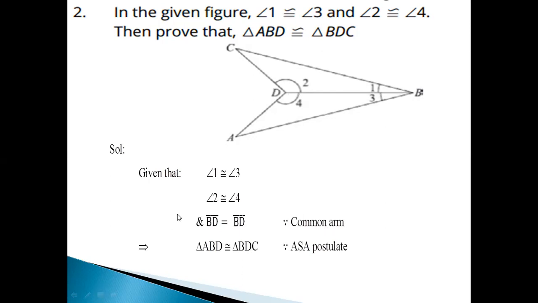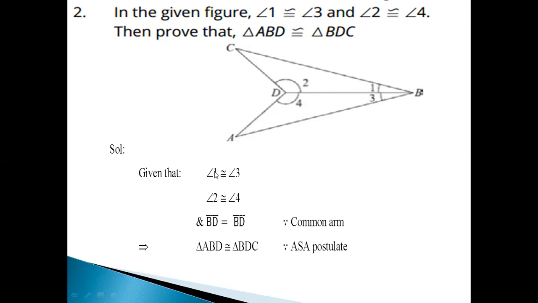So remember one thing, if two angles and one side of two triangles are congruent, then both the triangles will be congruent, and this is called the angle side angle postulate. And the other postulate is, if you compare two triangles, and their two sides and one angle are congruent, then we say that both the triangles are congruent.